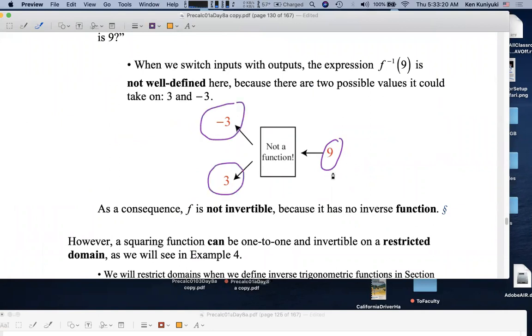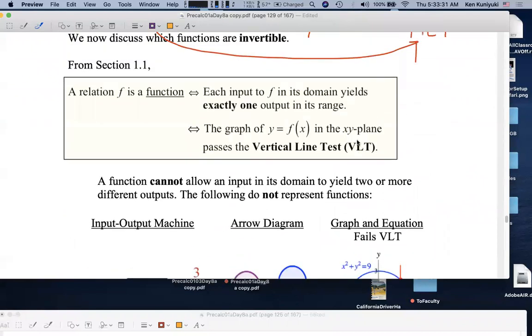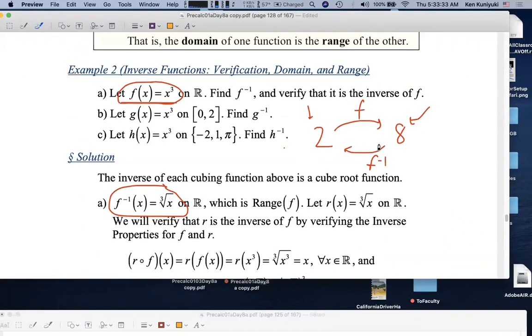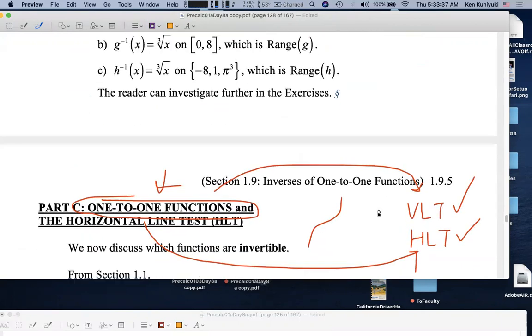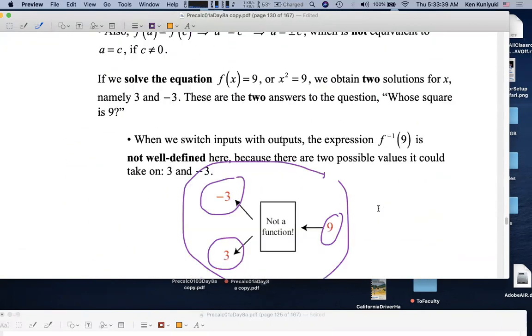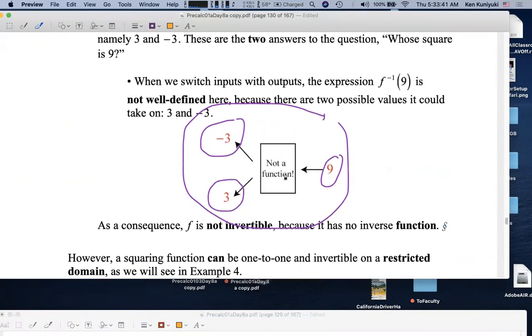Basically, 9 has two square roots, +3 and -3. Who does Brad go back to? It's not a clean loop-to-loop, the way we had for the cubing and cube root functions. We had a clean loop-to-loop. There was no competition. Here, we have competition. Brad could go back to Jennifer or Angelina.